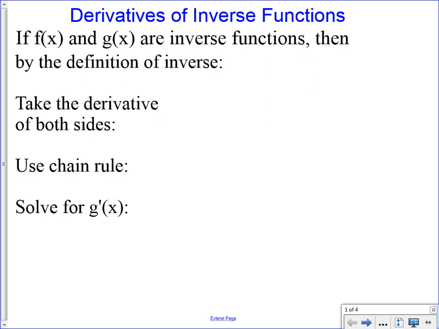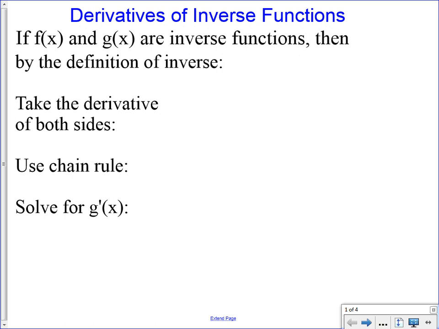But remember that inverse functions undo each other, and so they switch your input and your output. And if you recall, to find an inverse function, that's exactly what we would do. We would switch x and y and then solve for y.